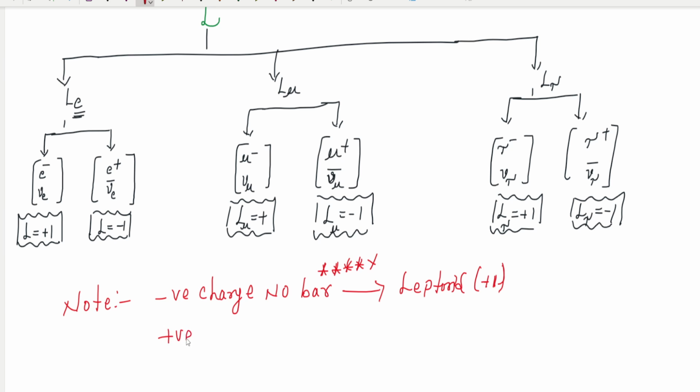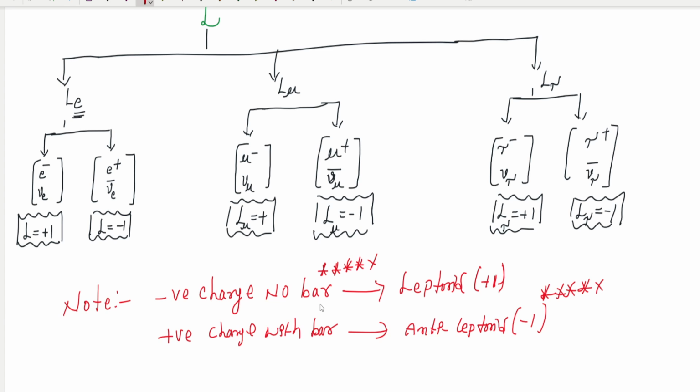Positive charge with bar are anti-leptons, lightweight particles. Please try to remember these words, then you can easily find the conservation of lepton number within seconds.